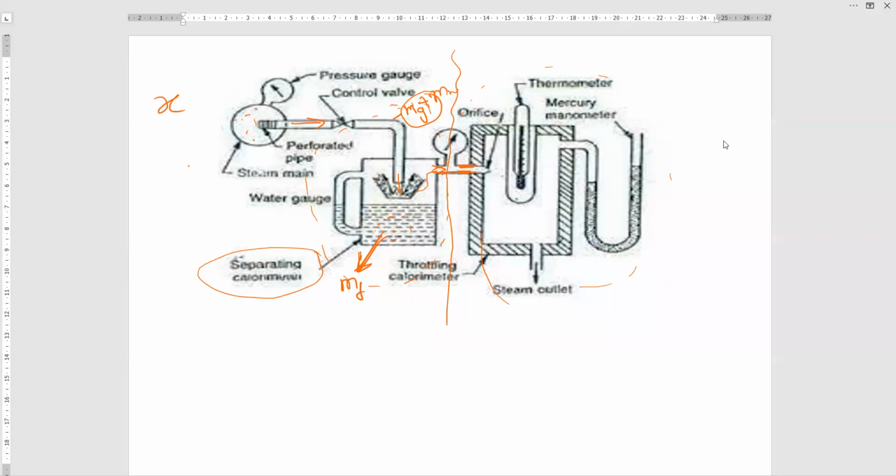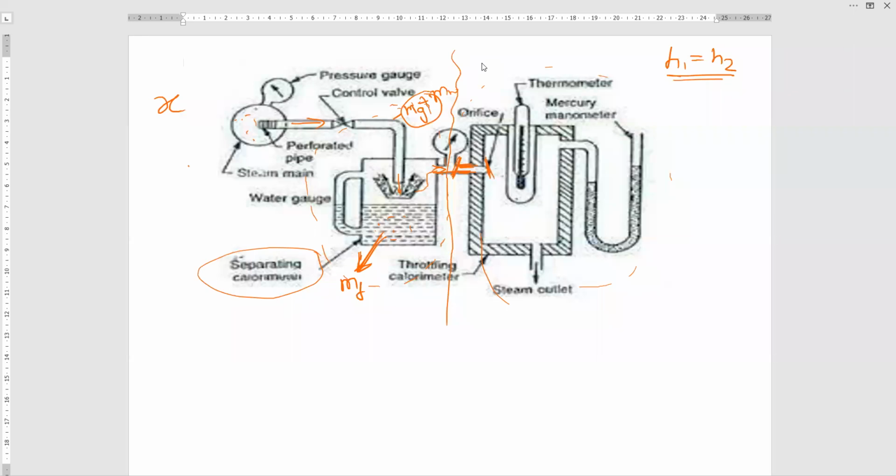Here in the throttling calorimeter, the throttling process takes place. Throttling process means enthalpy remains constant. Keep in mind, enthalpy remains constant. For example, here it is H1 and at the outlet we get H2. So H1 is equal to H2, that is called a throttling process.